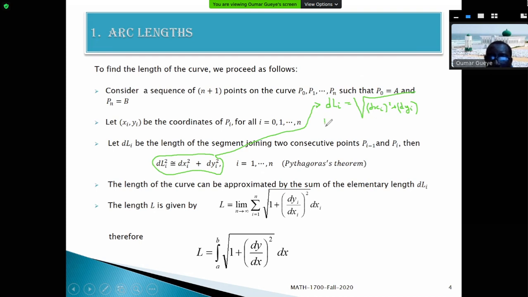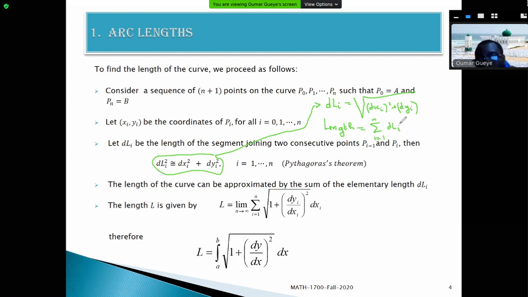So that's why the total length is going to be equal to the sum of all these dLi when i goes from 1 to n.